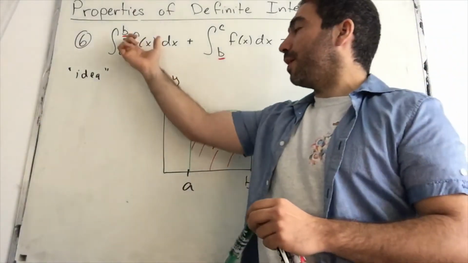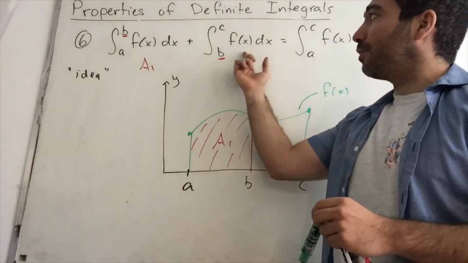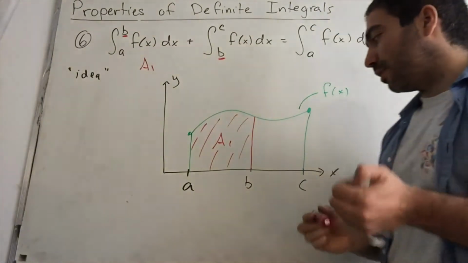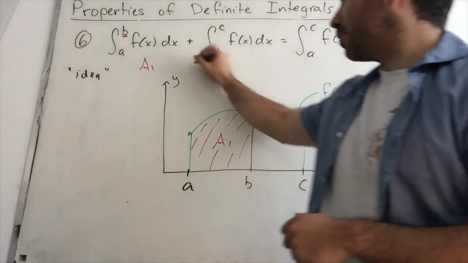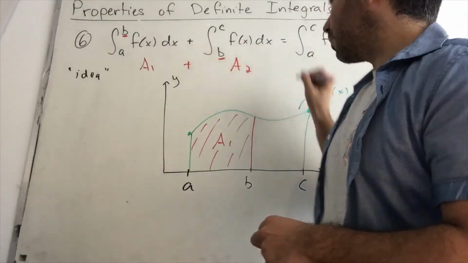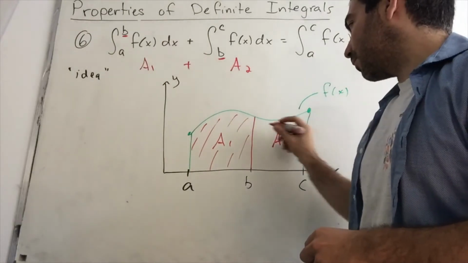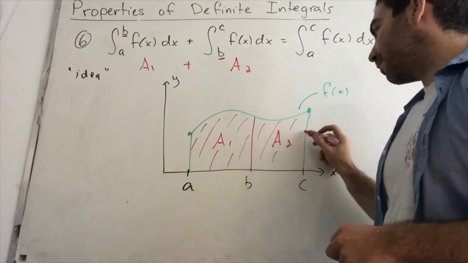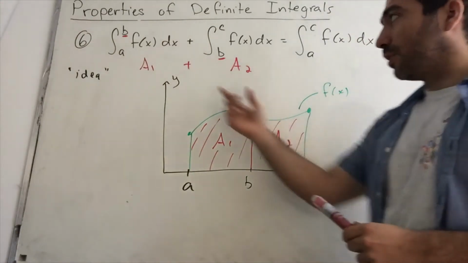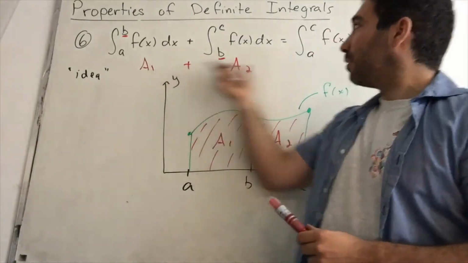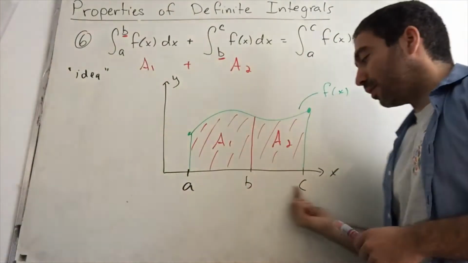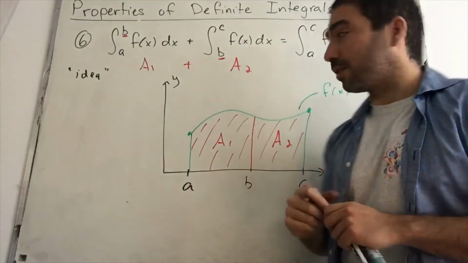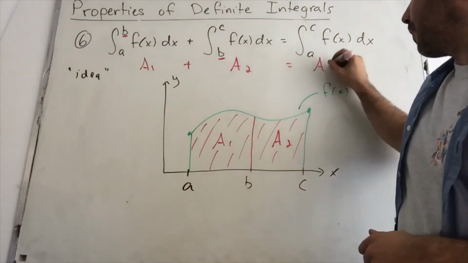So if we integrate from a to b, it gives us this area here, and if we integrate from b to c, that gives us area 2, so plus area 2, which is this region. So if we add these two areas, we get the entire area from a to c, the whole thing, a total, right? That's all it's saying, so it makes sense.